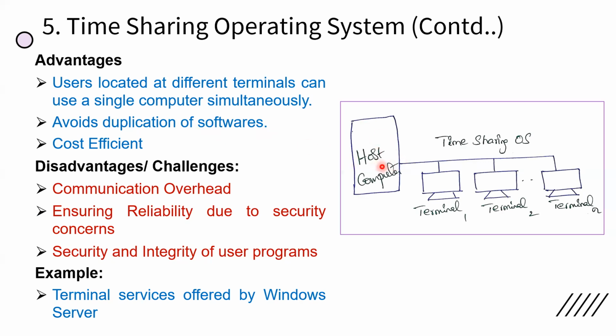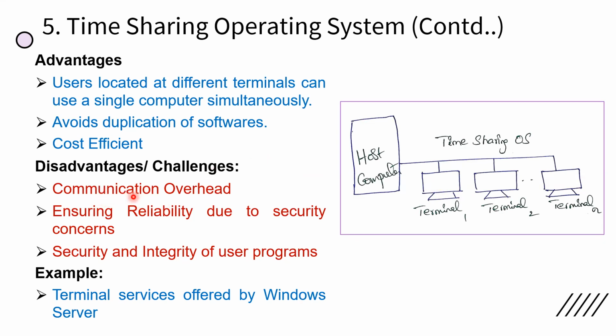Since all the terminals are using the same host computer, the software required for executing different applications on these terminals need not be installed separately on different computers, but can be present in only one host computer. And it is cost efficient because the hardware as well as software is shared by multiple terminals, so the cost is less.